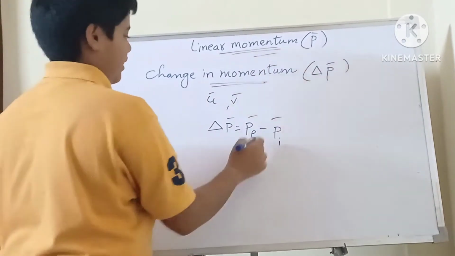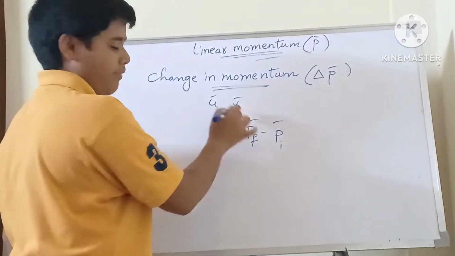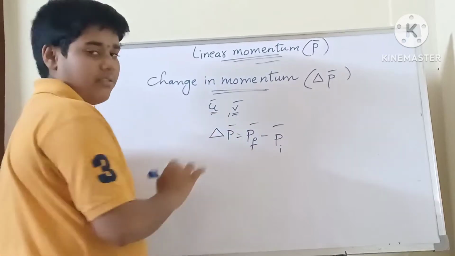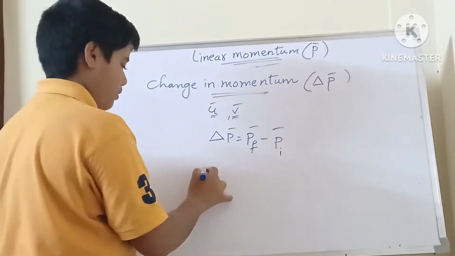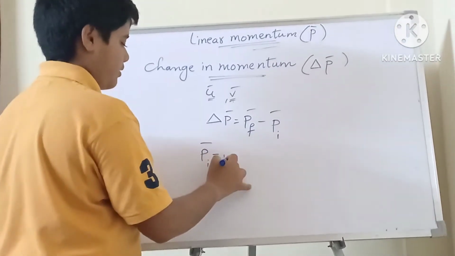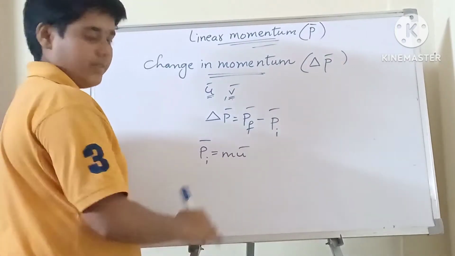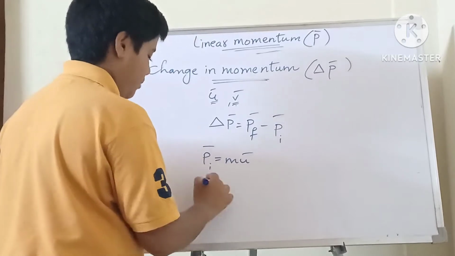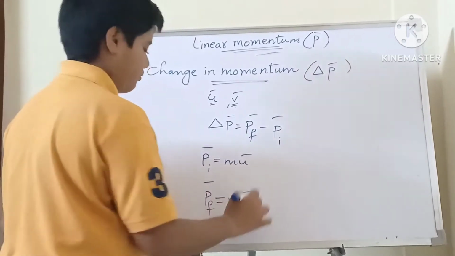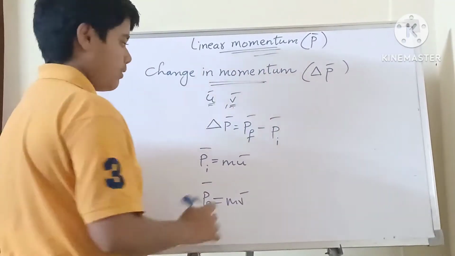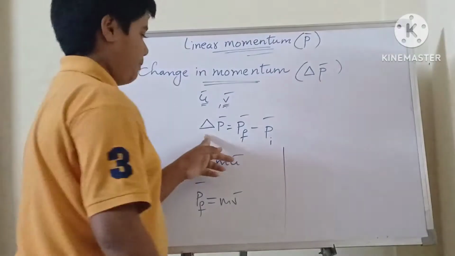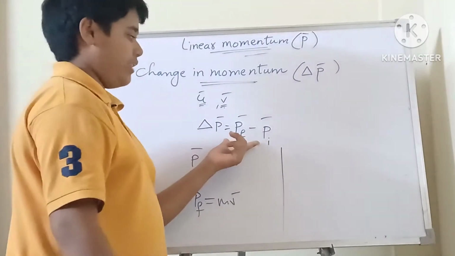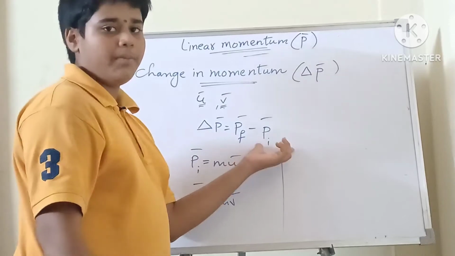This is final velocity, this is initial velocity. So initial momentum is m u bar, because this is initial velocity, and final momentum is m v bar. So delta P bar is final momentum minus initial momentum.